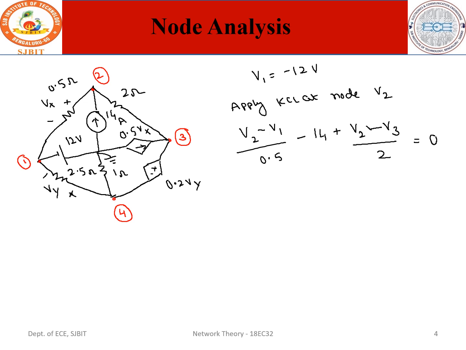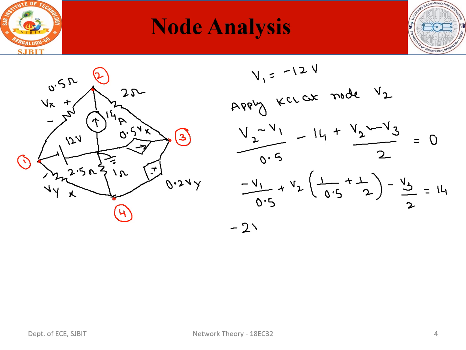You simplify this. This is minus V1 by 0.5 plus V2 into 1 by 0.5 plus 1 by 2 minus V3 by 2 is equal to 14. Further, you can simplify this.